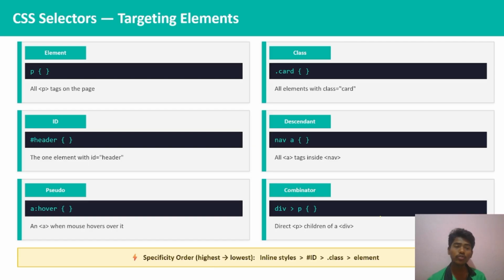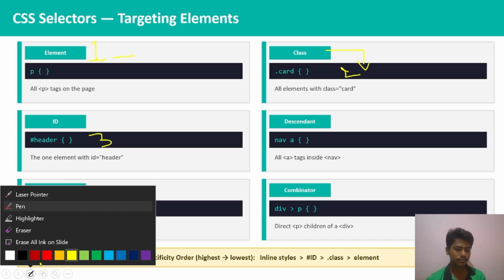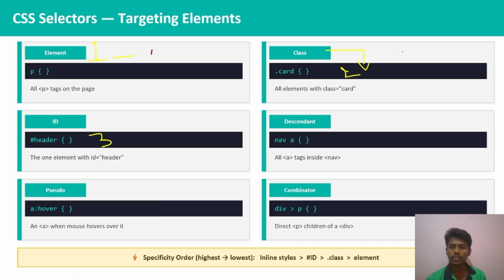First, we use the element selector, second the class selector, and third the id selector. Developers mostly focus on and use the id selector first, and secondly they concentrate on using the class selector.